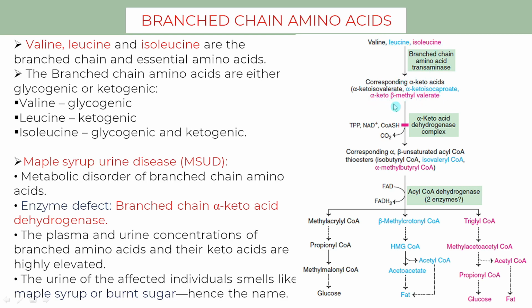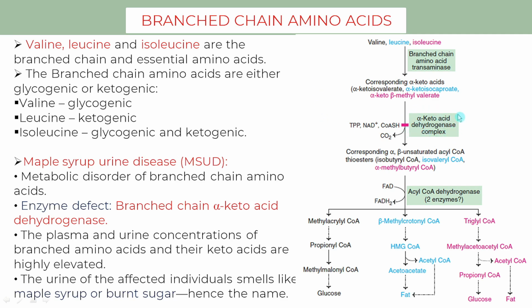Now these keto acids are further converted into corresponding alpha beta unsaturated acyl coenzyme A thioesters with the help of the enzyme alpha keto acid dehydrogenase complex. Maple syrup urine disease is a disorder of this enzyme complex.